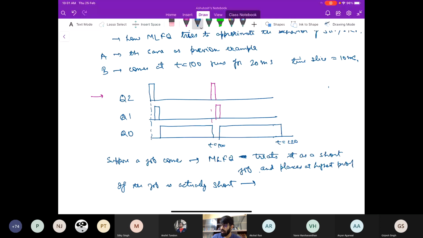So if the job is actually short, it will finish in its time slice.